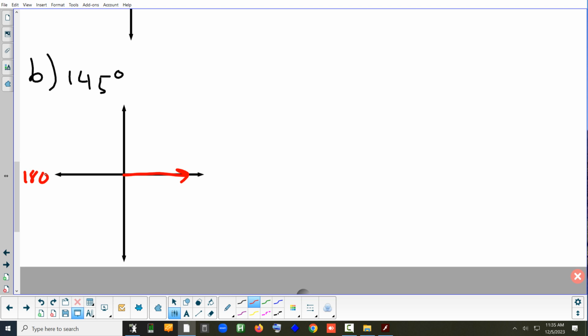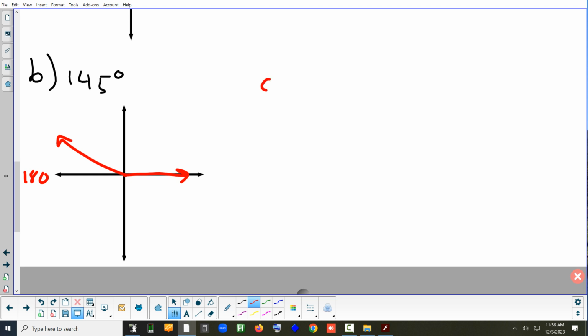No. 145, it's more towards the 180. Right in the center would be 135. So this is 10 degrees past center. Not much, but it's just a little bit past the center. Okay, so there's 145.